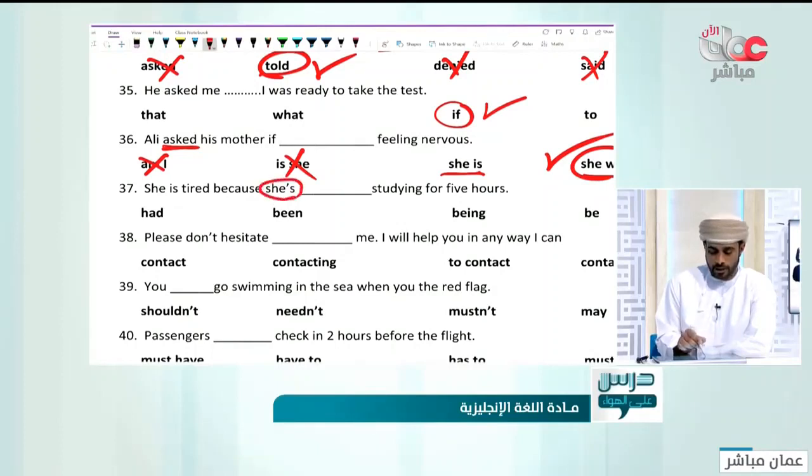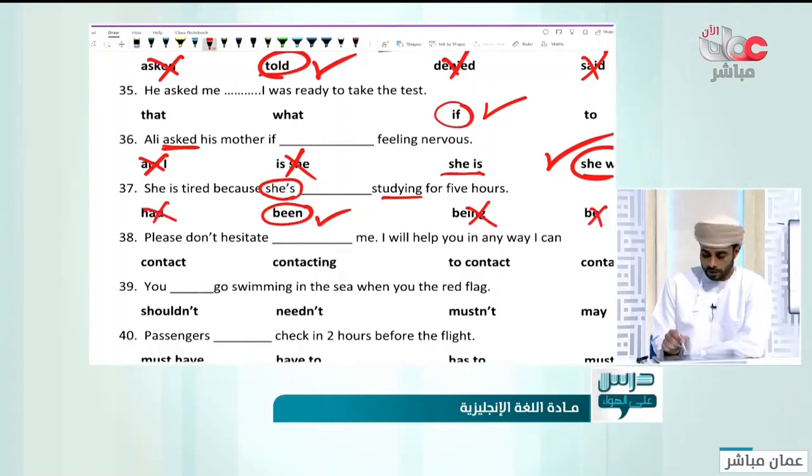She's, which means she has what? After has, what should we have? Yes, past participle. He has had studying, no. She has been studying. Since we have ing, it should have been. Being, no. Be, no. Had, no. Because we have the ing in here, we should have the being there.